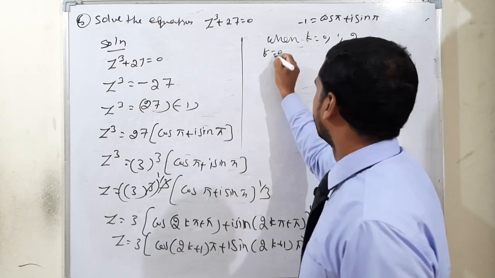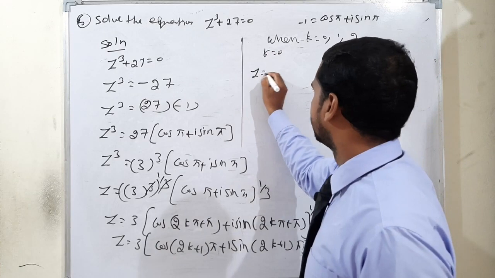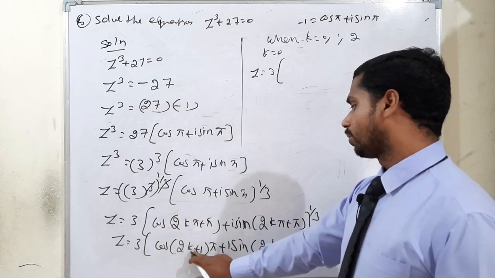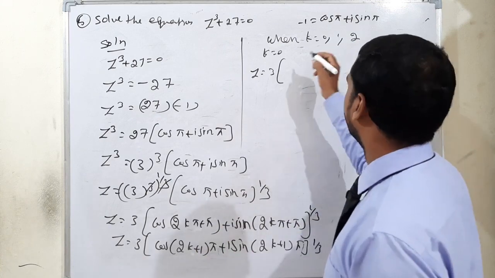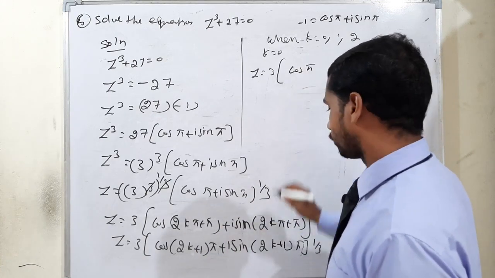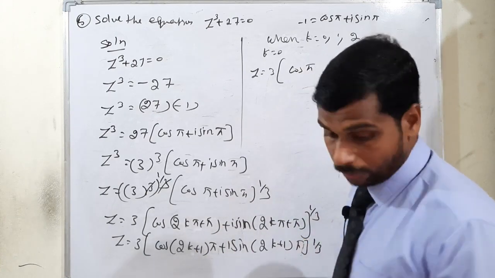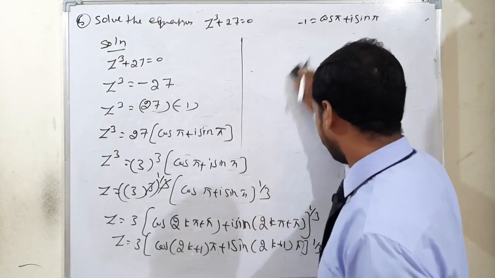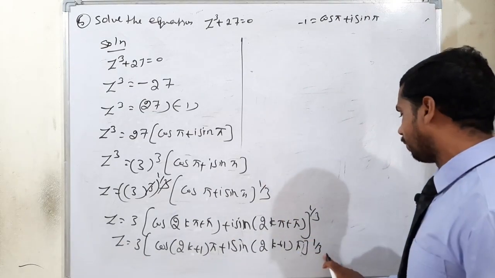The first one, k is equal to 0, what will happen? z is equal to 3 into... instead of k, apply 0, so 2 into 0 is 0, 0 plus 1 is equal to 1 will come. So cos, sorry my dear, according to De Moivre's theorem, you didn't change it, isn't it? First we have to change it. So how to rearrange? According to De Moivre's theorem, each and every term is divided by 3.